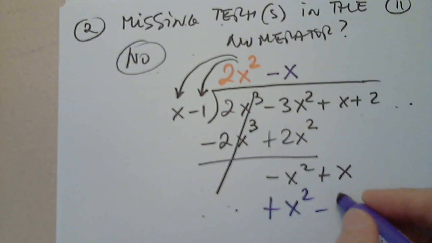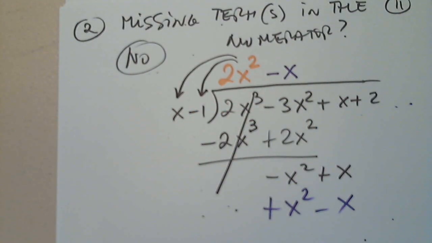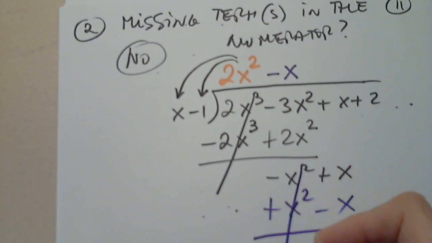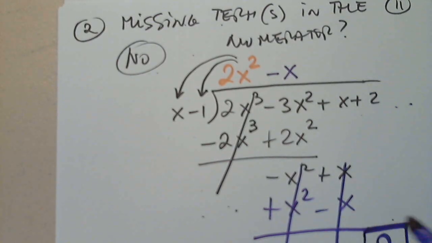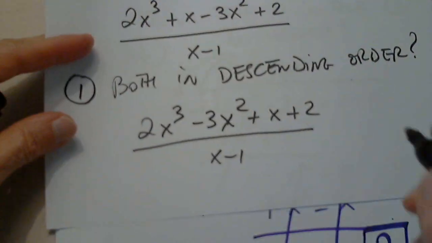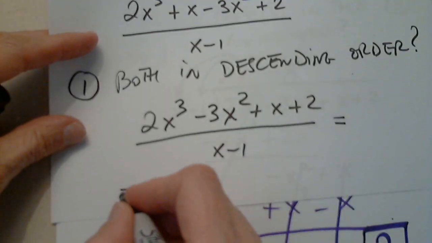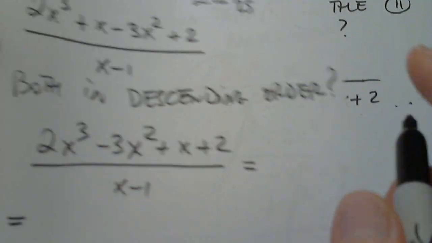I have to change the sign to the opposite. Bring down the next in line. I have to stop because x minus 1 does not go into 2. 2 has to be boxed in. 2 is the remainder.